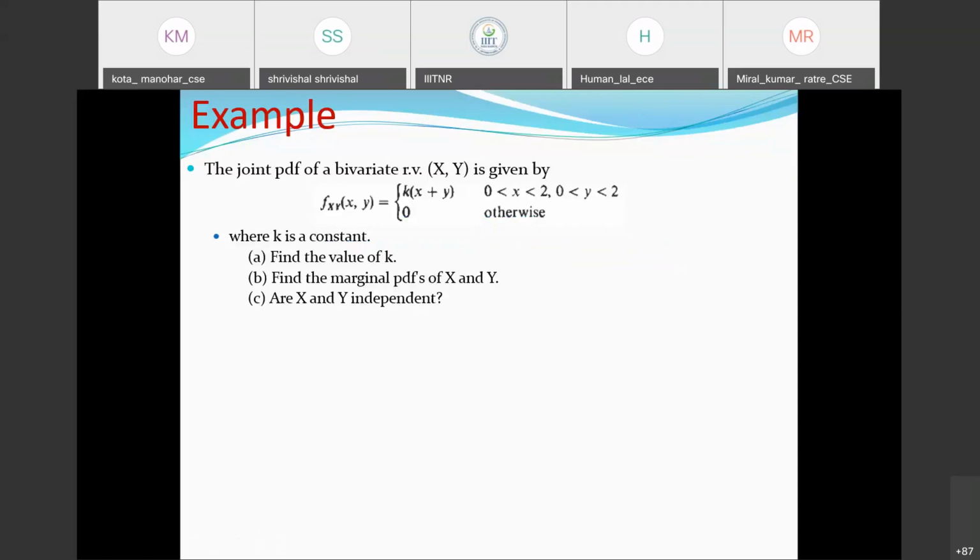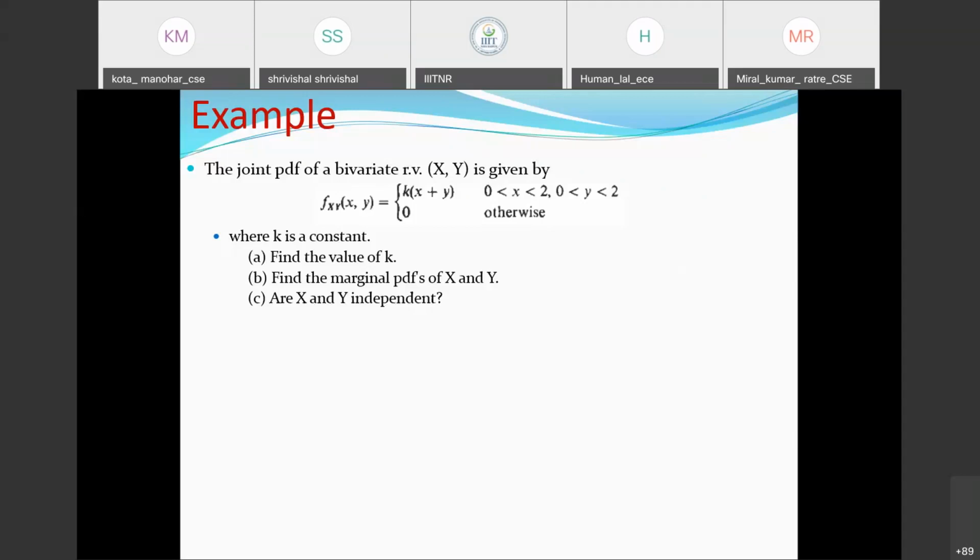The joint PDF of a bivariate random variable XY is given by f_XY(x, y) = k(x + y) in the range 0 to 2 for x and 0 to 2 for y. In all other cases, or outside this boundary region, this function value is 0.